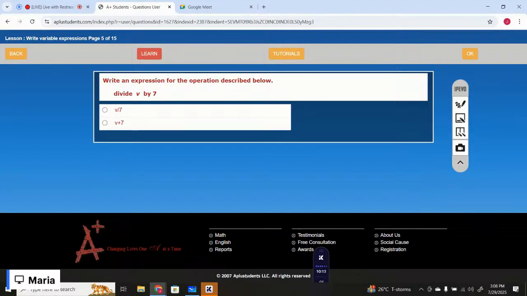Divide V by 7. Option number 1 is the correct option. That would be V divided by 7.